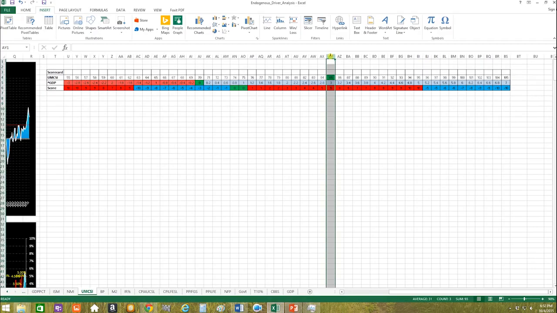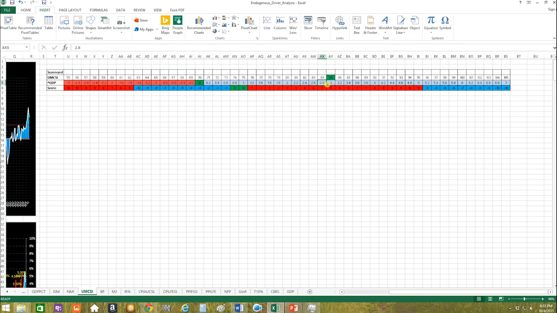If we start here in column AY, we look here at the average level of the UMCSI historically, which is 85. And that level of the UMCSI, 85, the average of the historical data, is consistent with levels of 3% GDP growth.